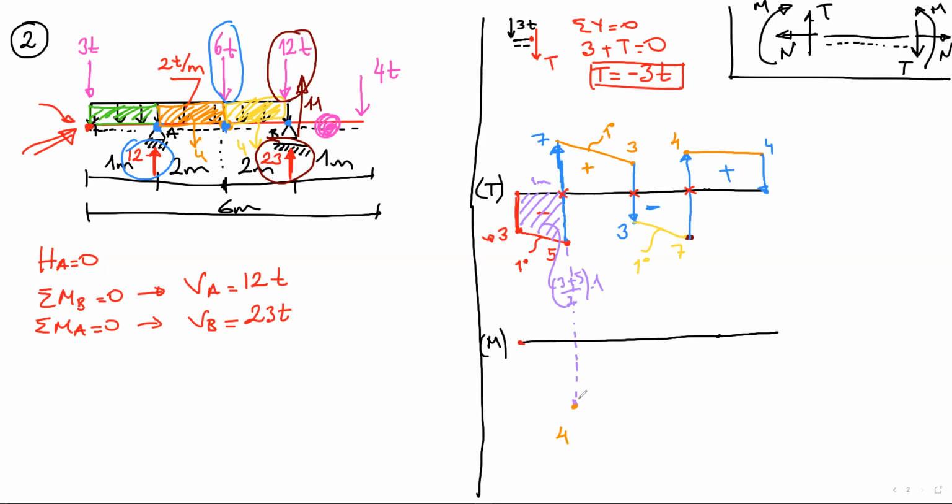How am I going to connect these 2 points? Take a look here. This is a line, so it's going to be one degree above the shear force. By the way, I forgot something.